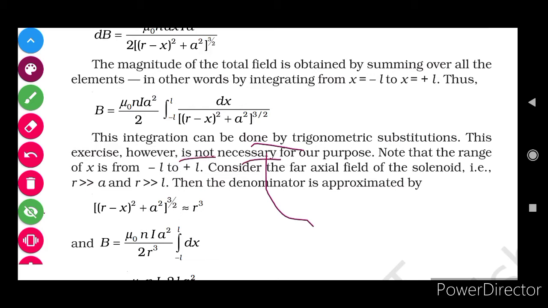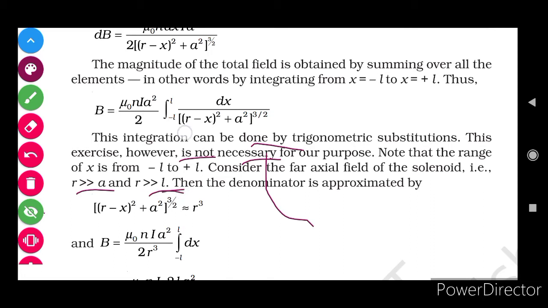It can be done by trigonometric substitution, but what we do here is take the point where we have to find the magnetic field very far from the solenoid. Then r will become very much greater than the radius of the solenoid, and r also becomes very much greater than the length of the solenoid.